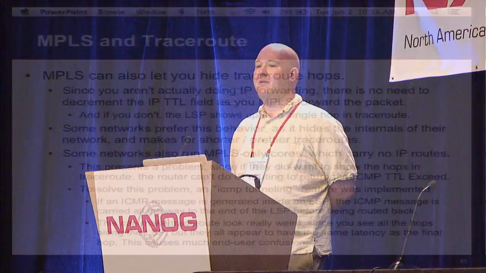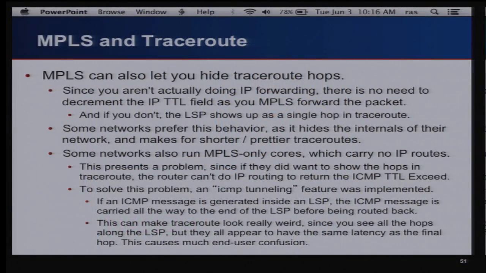But there's a little bit of a downside to that, because now when you're generating your ICMP TTL exceeded inside the LSP, if you don't have a routing table on your core box, you don't know where to send the TTL exceed. That's the normal operation of traceroute: when that router drops the packet, it generates the message, does a routing lookup, and sends it back out to the correct destination. So the workaround for this is something called ICMP tunneling.